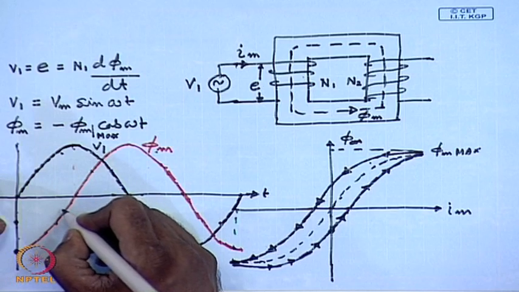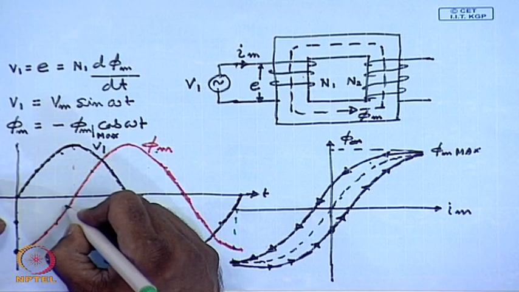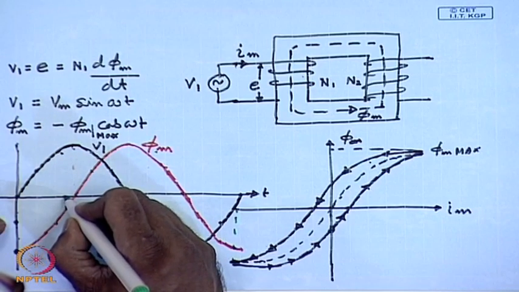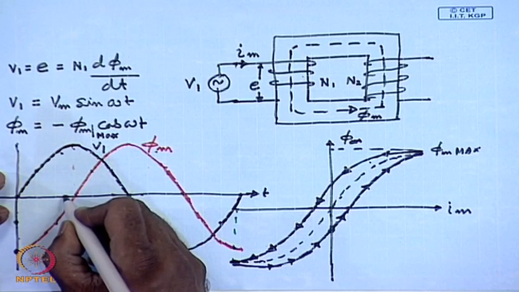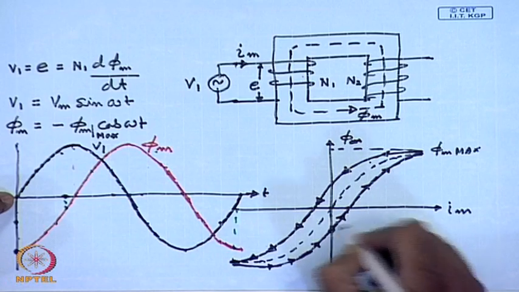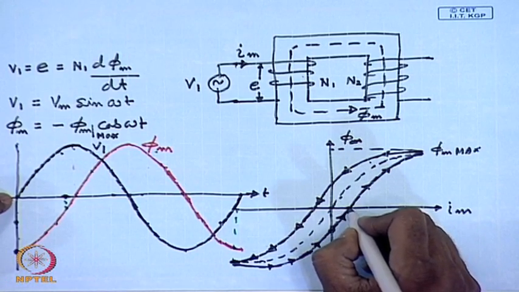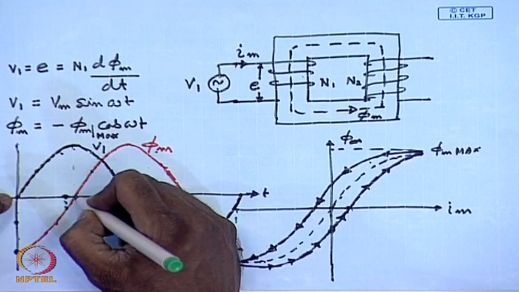So, at the 0 crossing of the magnetization current, there will be a small negative flux in the core. Similarly, when the flux is 0, the magnetization current has a small positive component.